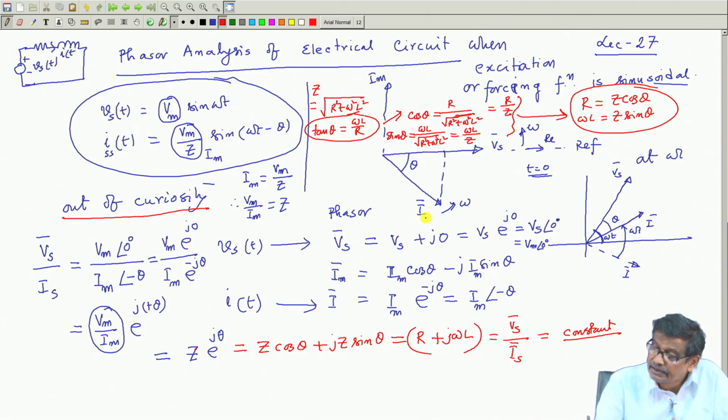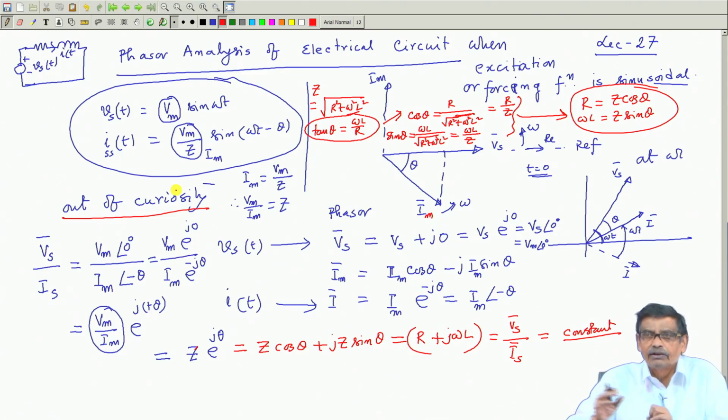Then I represented them in the complex plane as V m at 0 degree and I m at minus theta. Then I said, let us see whether these two phasors have some relation. See, in a DC circuit, V by I is equal to R. That is what we are always applying.